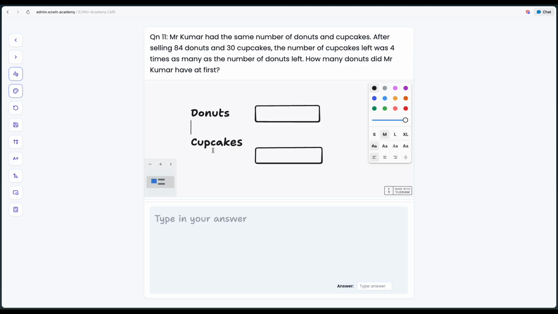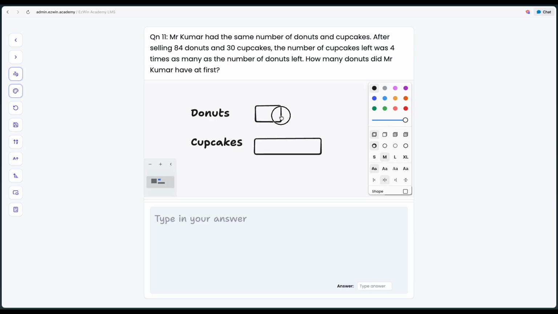So if we were to just, for example, sell 84 donuts, it will look something like this. Okay, and then this will be 84, so I'm going to put here 84. Then for the cupcakes, it's only 30, similar to how we draw the sold cupcakes. Okay, it will look something like this. So this will then be 30.